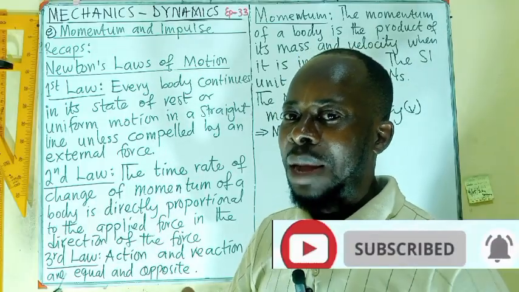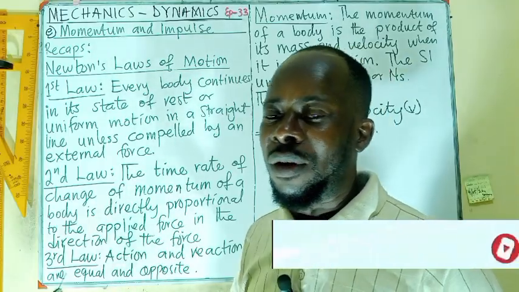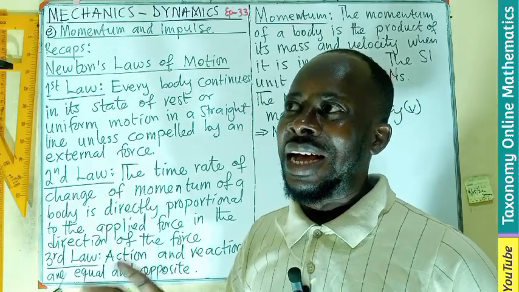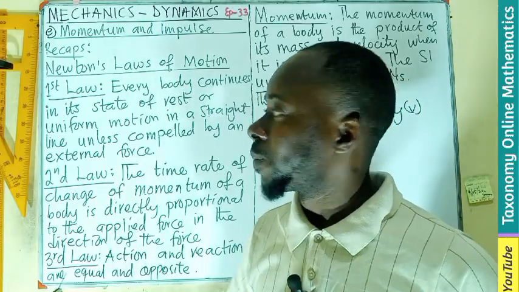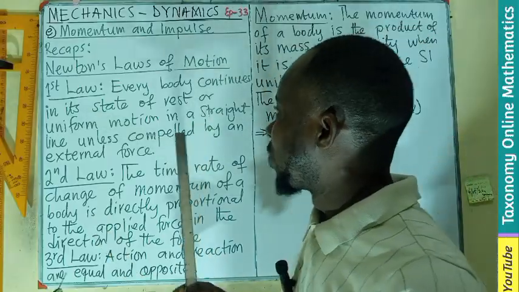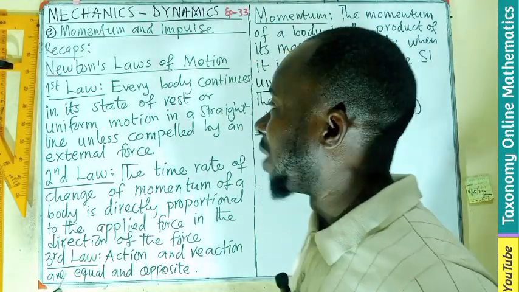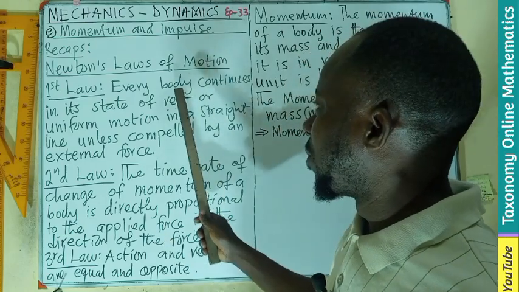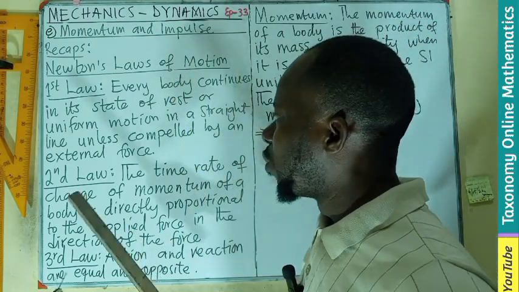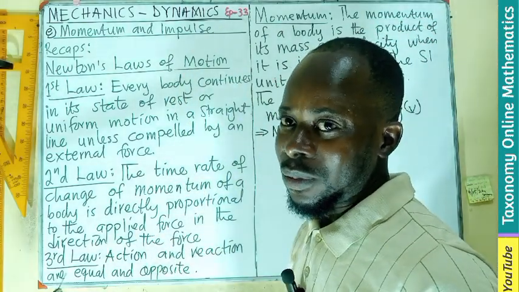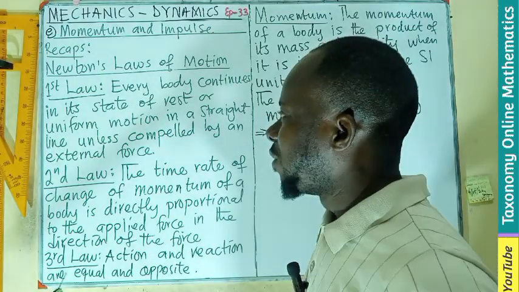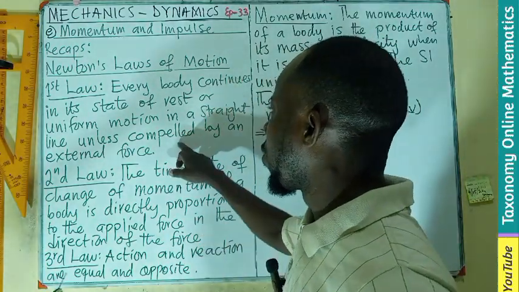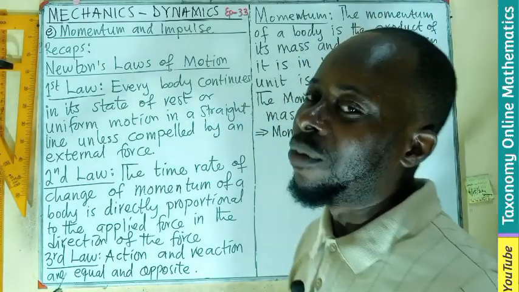So let's have a recap of the laws of Newton, which we make use of under equations of motion. The first law says that every body continues in its state of rest or uniform motion in a straight line unless acted on or compelled by an external force.